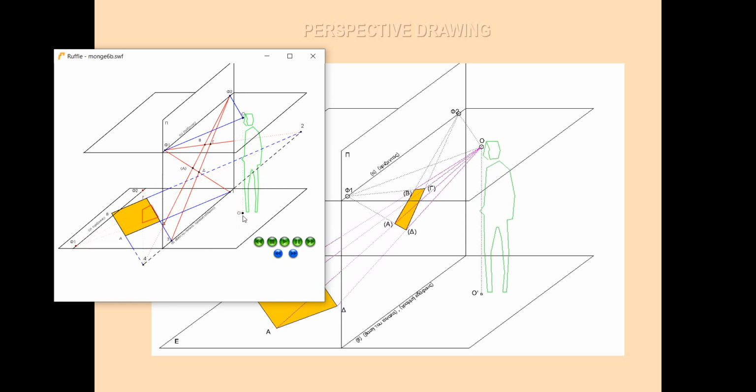What we do not have is the observation point. So let's see how we can draw this image without using the observation point. I mean that instead of using this point, we're going to use this one.